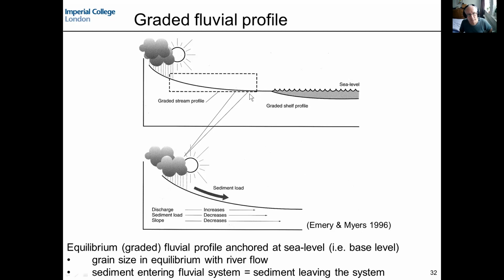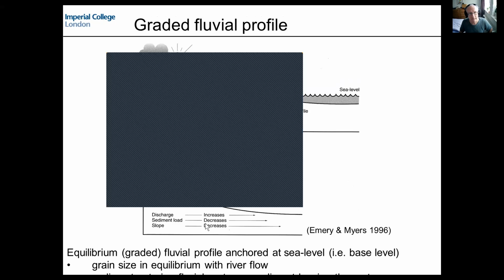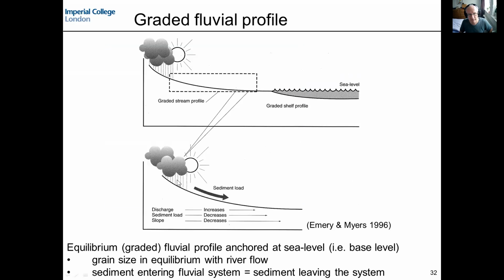That smooth profile is referred to as the graded stream profile, shown in more detail down here at the bottom. That's a bit of an idealized profile. In reality, modern rivers don't show that nice smooth profile.